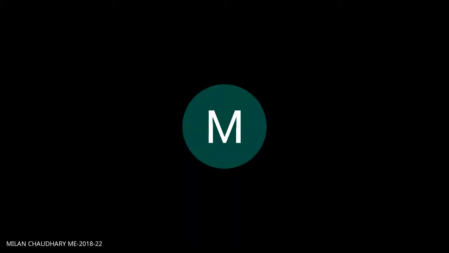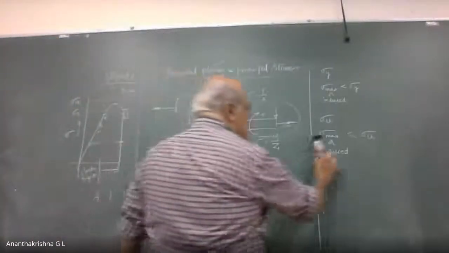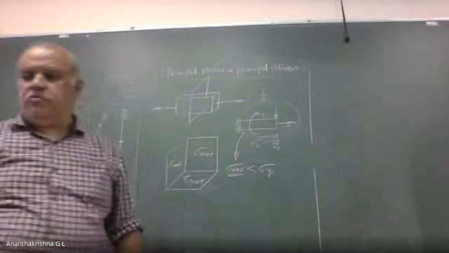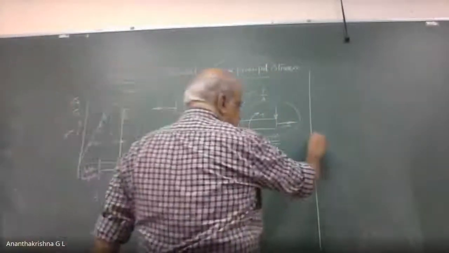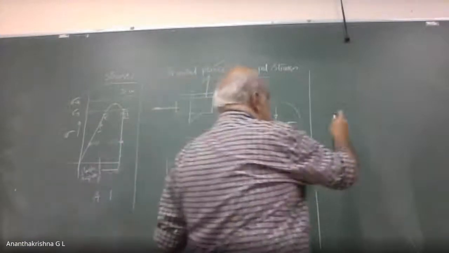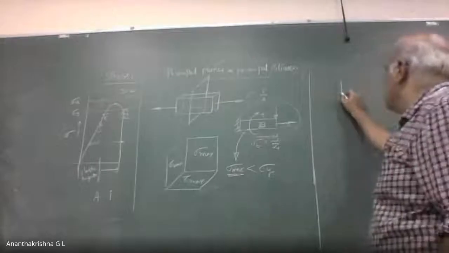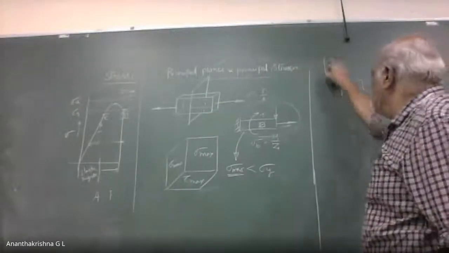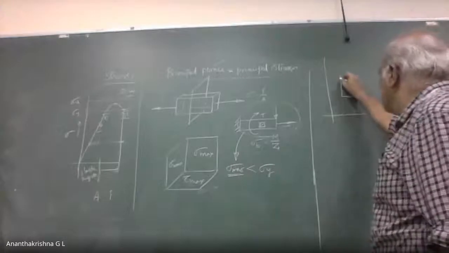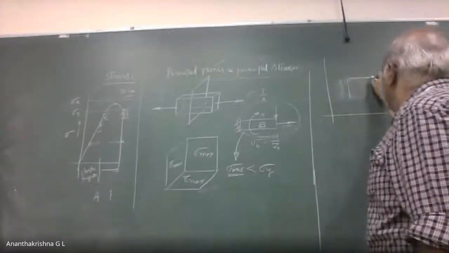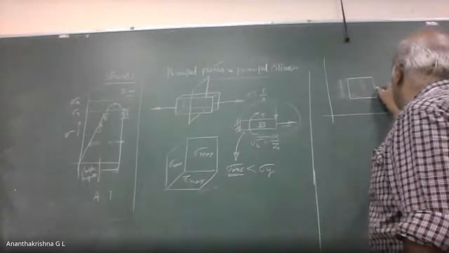Now we need to know the sign convention before we get into the problem. So I take a small element from this member. It can be a ship hull or an aerostructure.